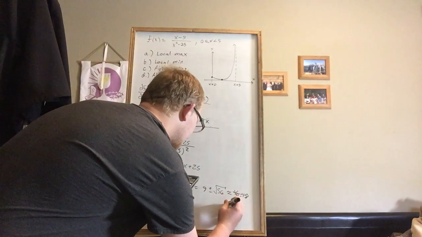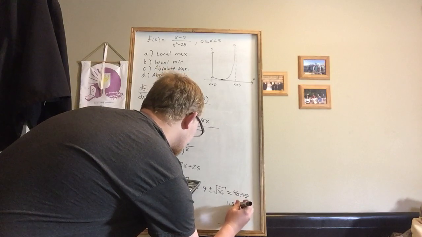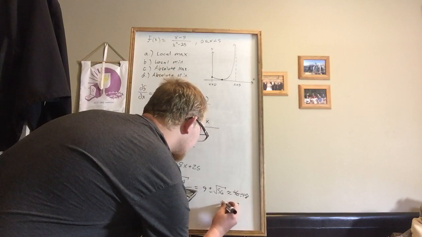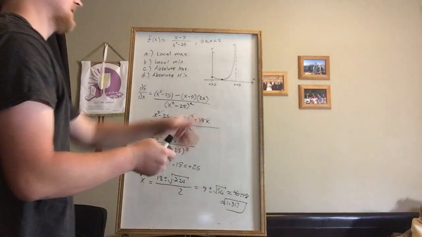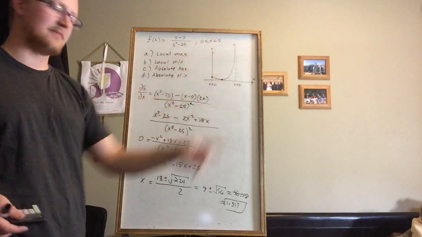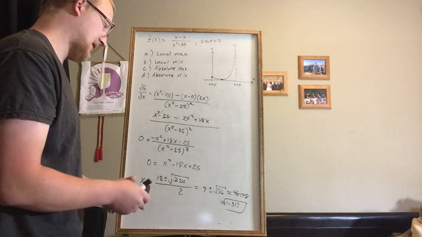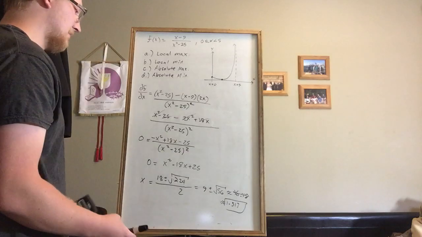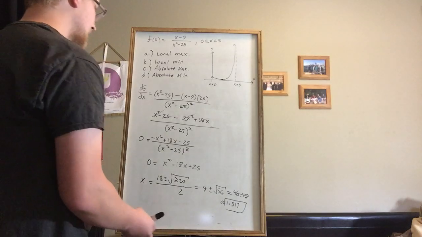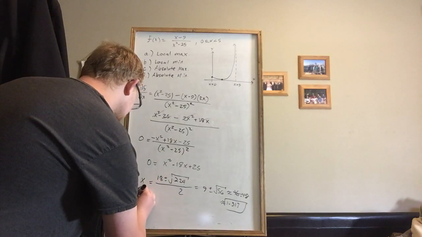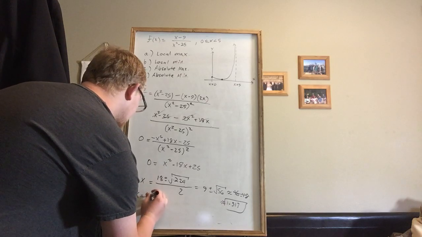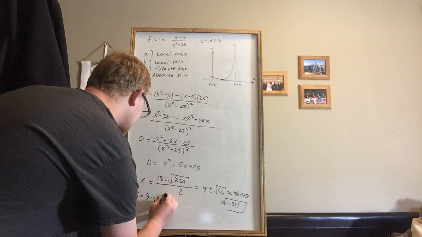That's going to give me 1.517 roughly. And that is a value that I do want because it lies in the domain that I'm interested in. So I'm going to keep 9 minus root 56. So one of my critical points, x, is going to equal 9 minus root 56.